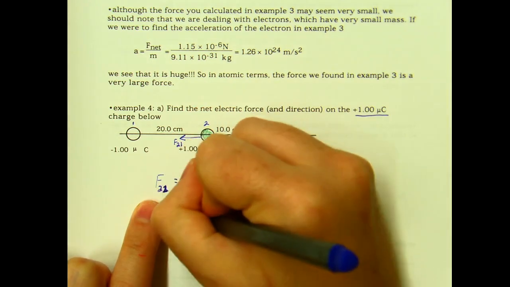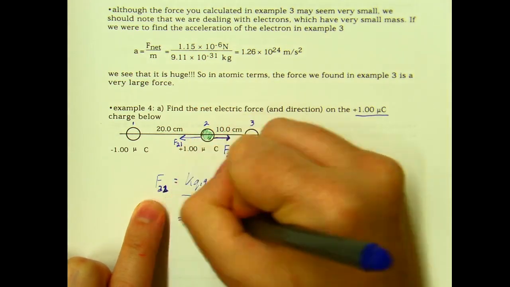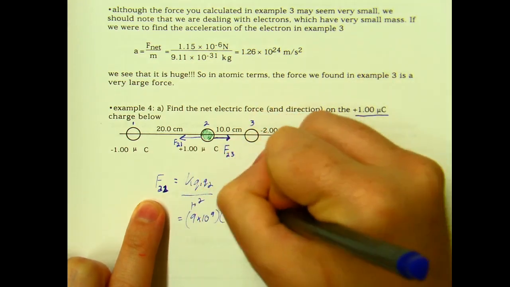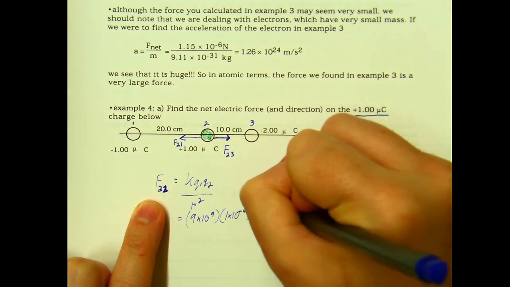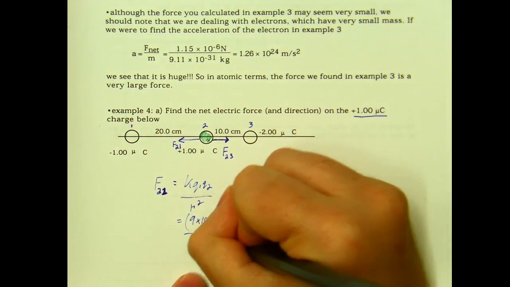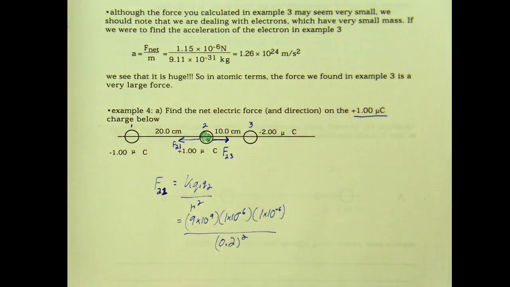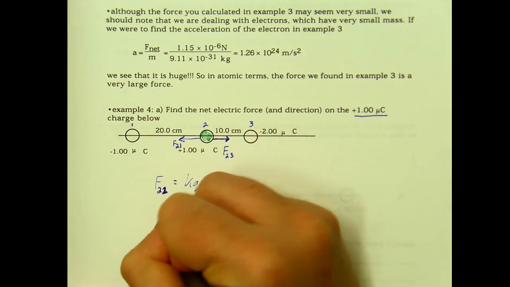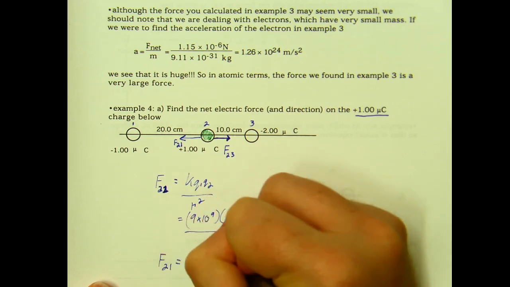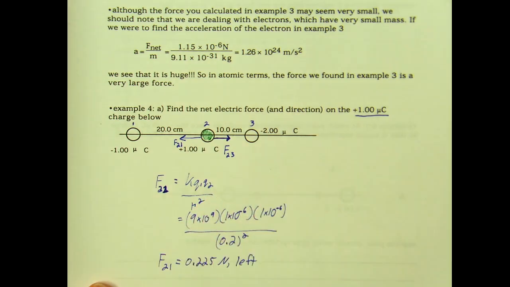That's going to be 9 times 10 to the 9, 1 times 10 to the negative 6, 1 times 10 to the negative 6 over, and they're 20 centimeters apart, so that's 0.2 meters squared. We find that the force on 2 from 1 is 0.225 newtons, and it has a direction. It is to the left.